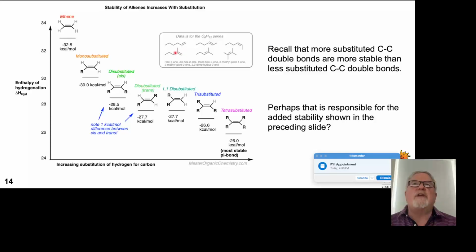Once we get branching here on the disubstituted at one carbon, the trisubstituted and the tetrasubstituted, our reactants give different products.